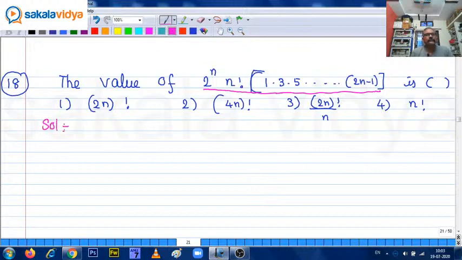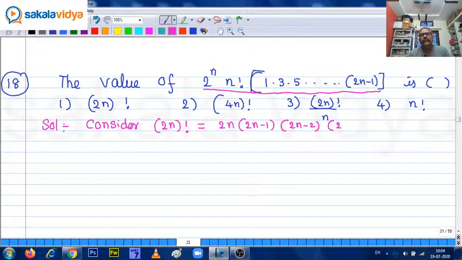Solution. Consider 2n factorial. As per the definition of the factorial, 2n factorial can be written as 2n times (2n minus 1), (2n minus 2), (2n minus 3), (2n minus 4) and so on.